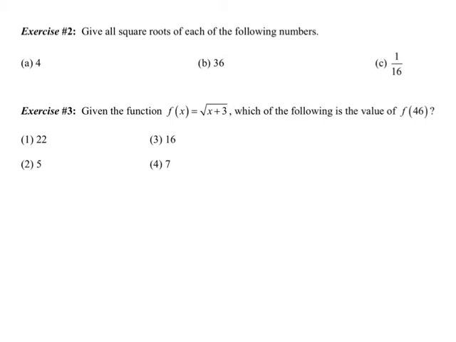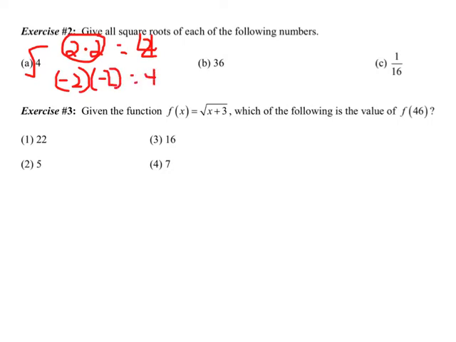When I take the square root of 4, there's two ways to get that 4 here. You can do 2 times 2, and that gives you a pair of 2's, which is 2. But also, to get a 4, I can do a negative 2 times a negative 2. That will also give me 4. So there's actually two answers.